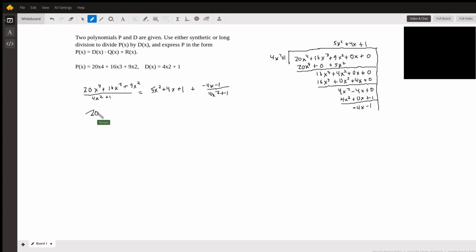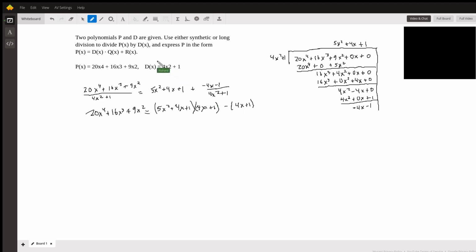So we're going to get 20x to the fourth plus 16x cubed plus 9x squared equals 5x squared plus 4x plus 1 times 4x squared plus 1, and then minus, now I'll just group these, 4x plus 1 net.